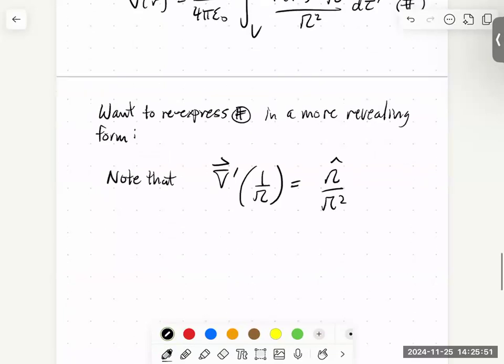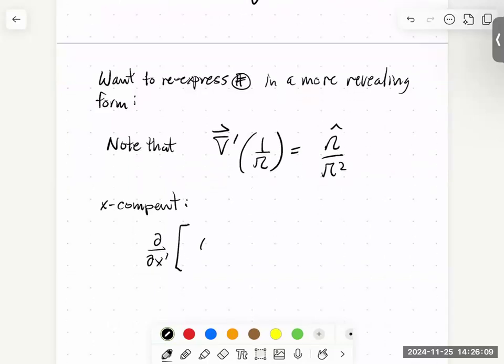Okay, so let's just first evaluate the x component of this derivative. So when I take the gradient, the x component is going to be the x prime derivative of 1 over script r. Now, 1 over script r is going to be x minus x prime squared plus y minus y prime squared plus z minus z prime squared. We'd have to take the square root and then take the inverse, so I'll put it all to the minus 1/2 to get the 1 over script r.